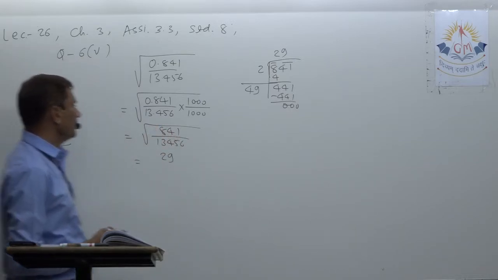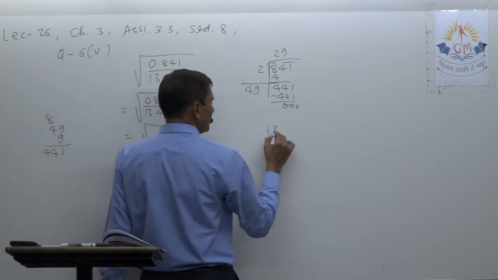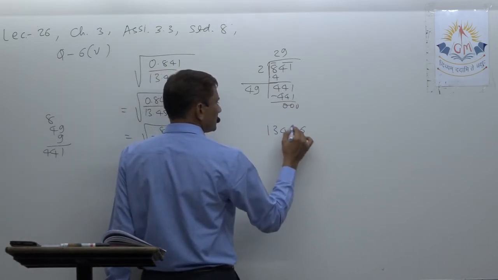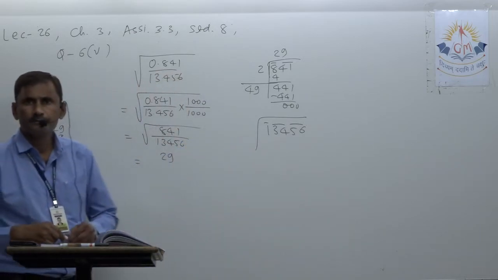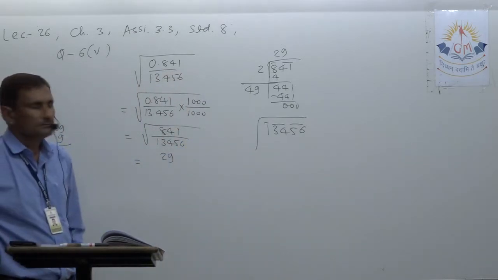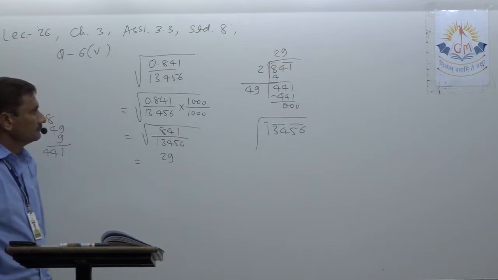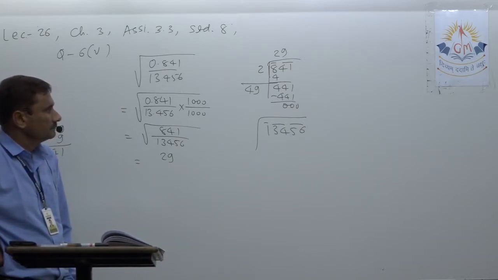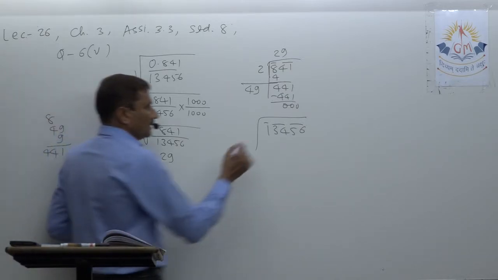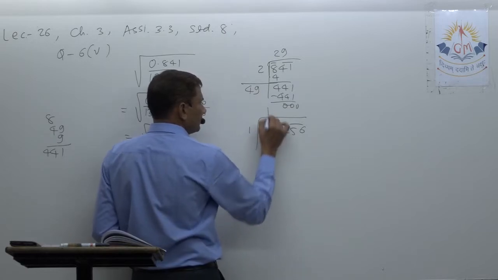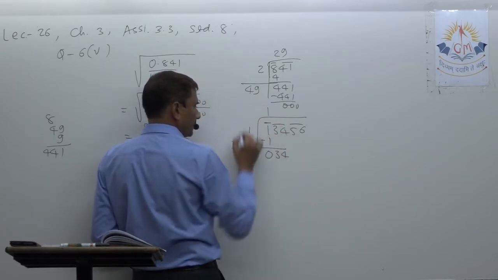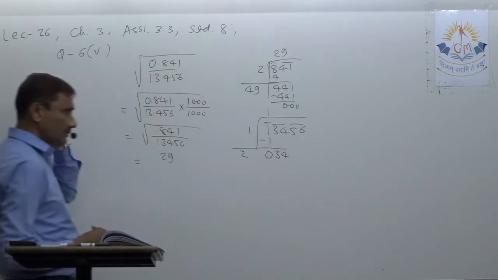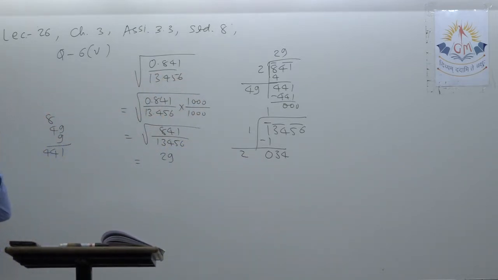Now in the same way find it out for 13456. So again make pairs. Now for the first one, 1 ones are 1, 34 came, now make double of it. So either 21 ones are, 22 twos are, like we did.